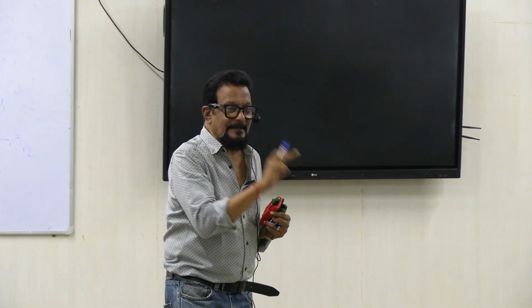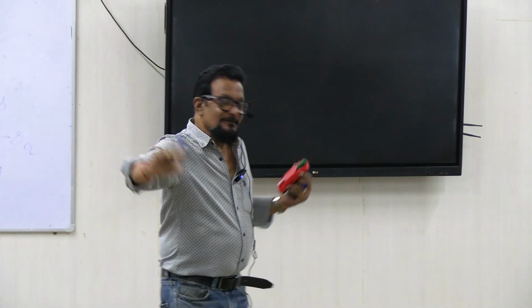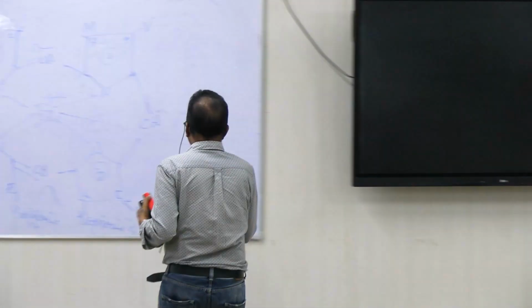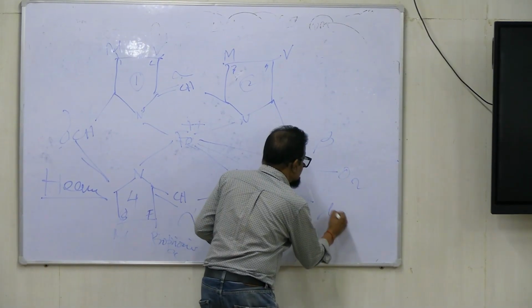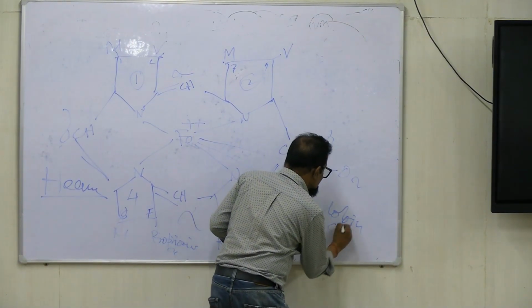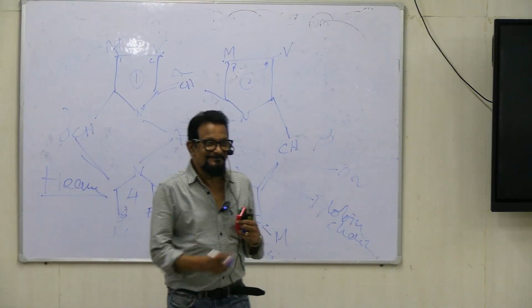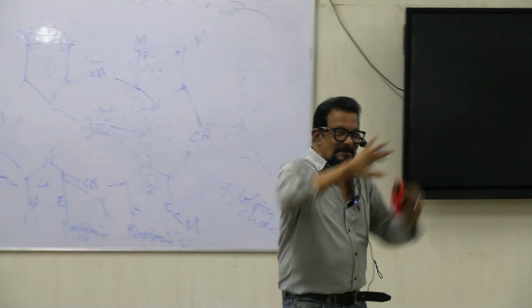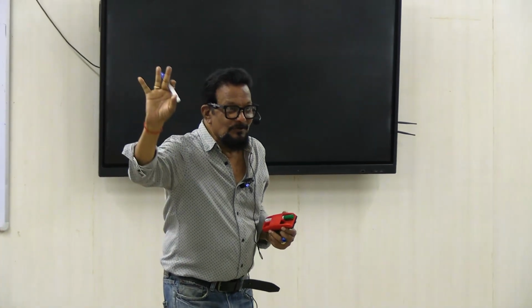In the imidazole group there is one nitrogen, and it attaches with that nitrogen of the globin chain. This is one globin chain. Now in a hemoglobin molecule, how many heme are there? 4.